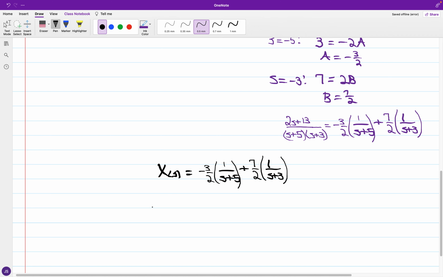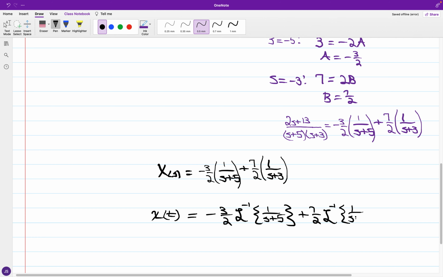Now, in terms of solving for x of t, I'll be taking the inverse Laplace transform of the terms from the partial fraction decomposition. So I'll be looking at negative 3 halves of the inverse Laplace of the reciprocal of s plus 5, plus 7 halves of the inverse Laplace of the reciprocal of s plus 3.